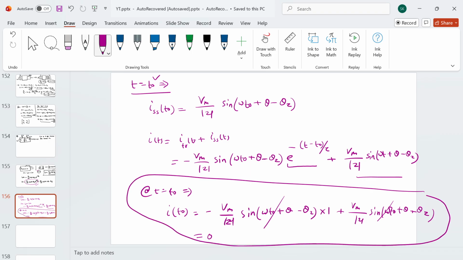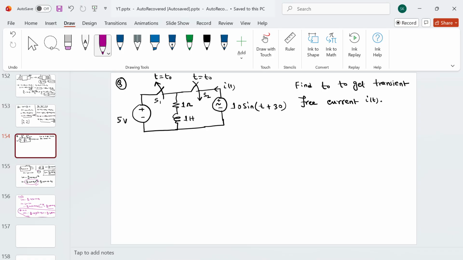So in this question, it is asking at what time you should perform the switching action such that the transient component can be 0. Basically, before t equal to t naught, this particular circuit with the 5 volt source and 1 ohm was acting, and it was at steady state.